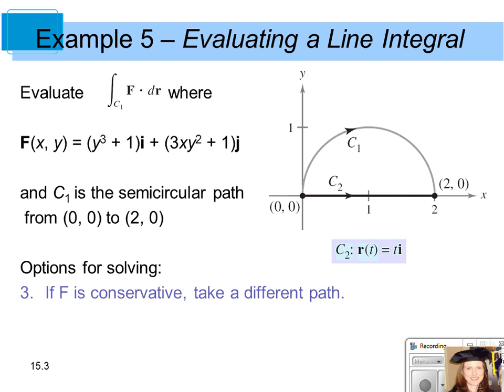Now the other option, since we've already tested that the vector field is conservative, is we can take a different path. In fact, this path C2 is a straight path with parametrization t i: x equals t, y equals 0, and the time interval would be from 0 to 2.